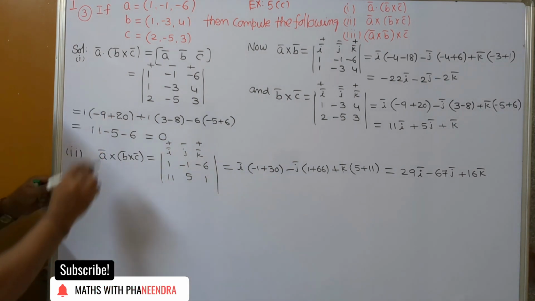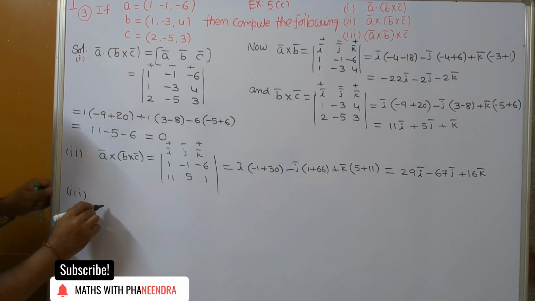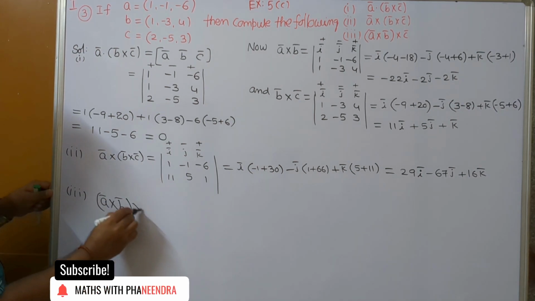Now the third one, A bar cross, B bar cross, C bar.